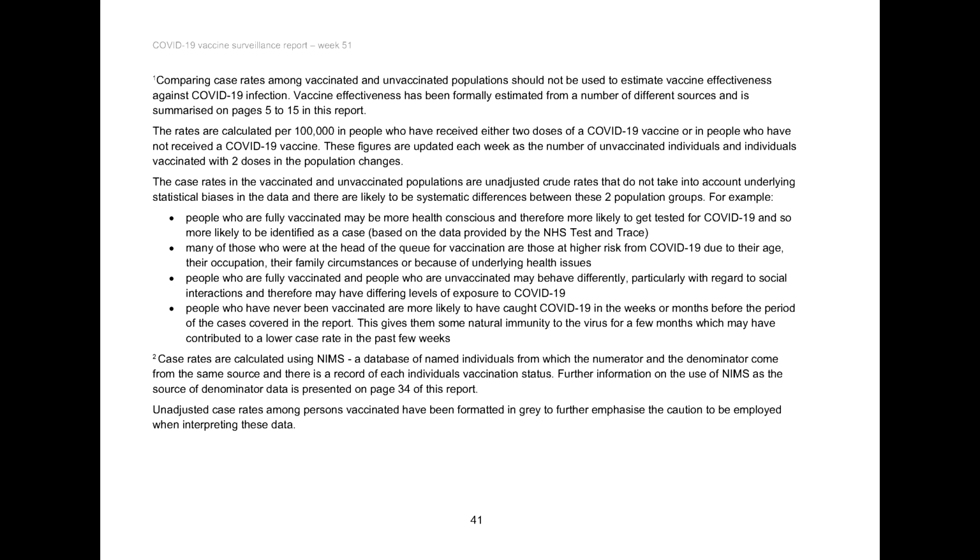These figures are updated each week as the number of unvaccinated individuals and individuals vaccinated with 2 doses of the population changes. Case rates are calculated using NIMS, a database of named individuals from which the numerator and the denominator come from the same source, and there is a record of each individual's vaccination status. Further information on the use of NIMS as a source of denominator data is presented on page 34 of this report. Page 34, what's on page 34?